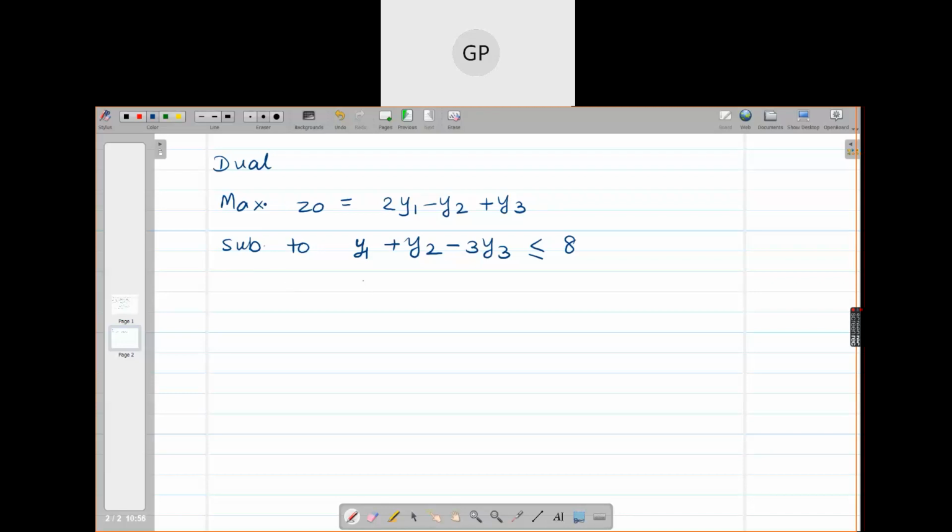Ma'am, if we are asked about the dual, we don't have to find the standard form of the primal? No, we don't have to write the standard form of the primal. Not required.